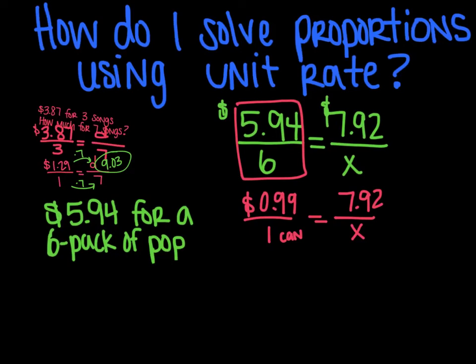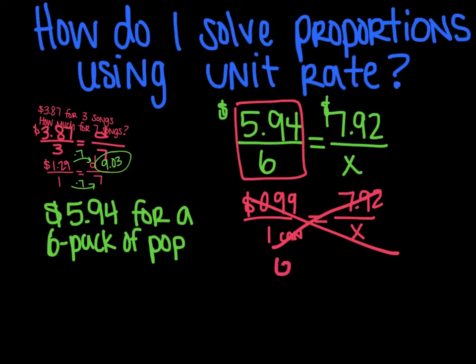But what you can do is flip it. So when you get to this point and you see that it's not working, you can stop doing that. You can actually flip the beginning part. So instead of finding what 1 can is, you can find what $1 is.